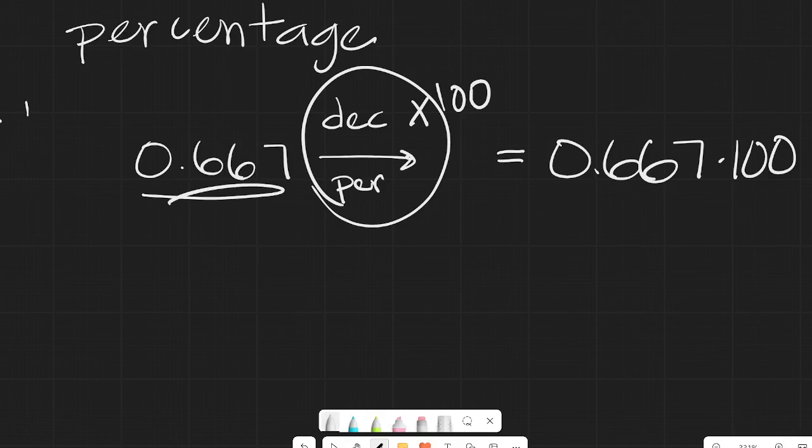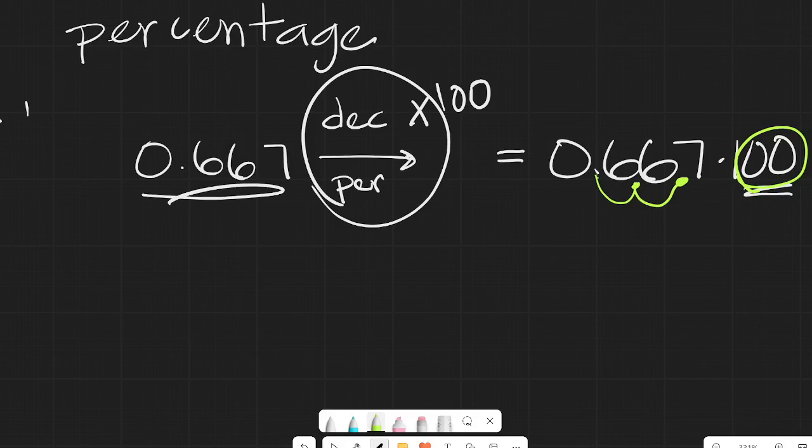Look at this. We have 2 zeros right here in the 100. Whenever we multiply a number by 100, which has 2 zeros, or any number of zeros, we just move the decimal point over that many places. And so you'll make this little W that shows that you're moving not 1, but 2 spaces because you have 2 zeros in 100.